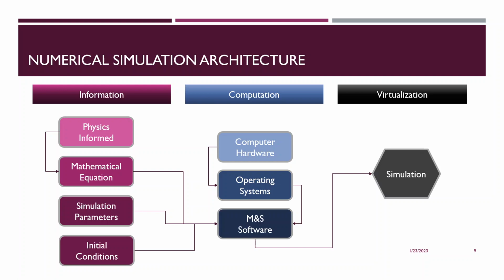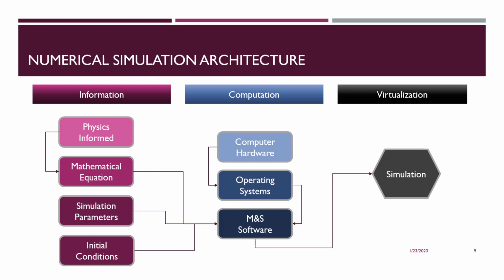You're going to find different architectural types out there, and you can spin these different ways, but high level, I think you're looking at probably three big buckets. On the information side, you've got a physics-informed mathematical equation, simulation parameters, and initial conditions. These are all what I call the information part of it.